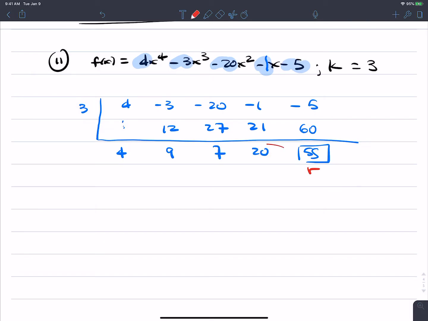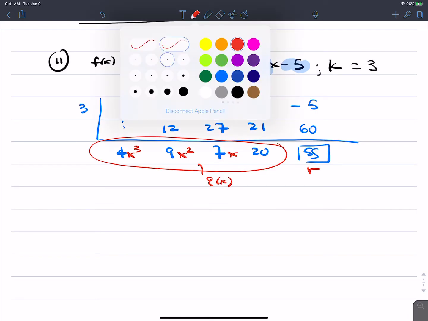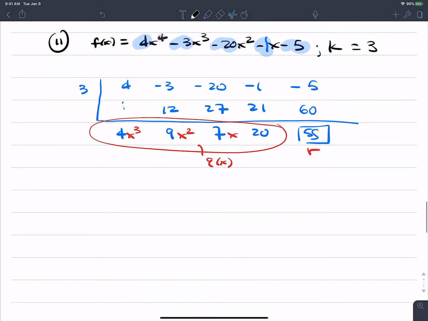We're going to make use again here of these coefficients. So we go back to the original function, and that highest power is 4. So that means we're going to have 1 degree less. Here's our quotient function. So writing this in the format of the division algorithm, f of x equals x minus k times q of x plus r, we just have to plug everything in.